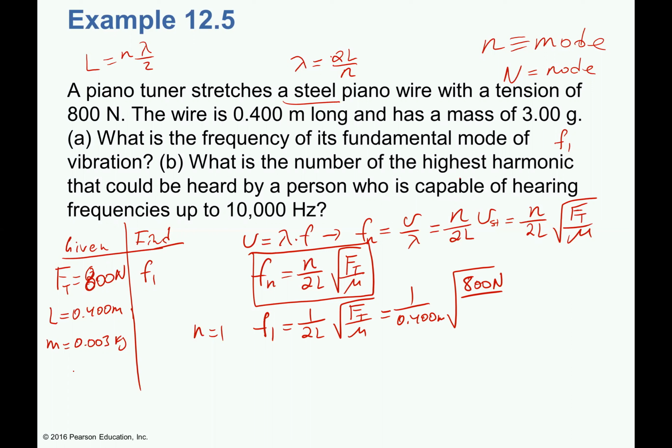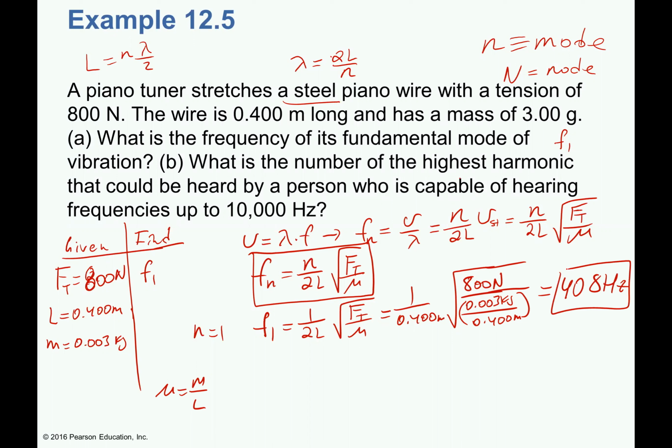Remember, mu is mass over length. So I do 0.003 kilograms over 0.400 meters. If I do that calculation, I get a frequency of 408 hertz.